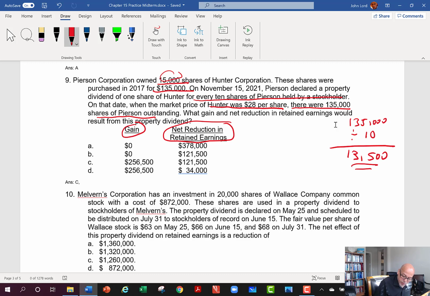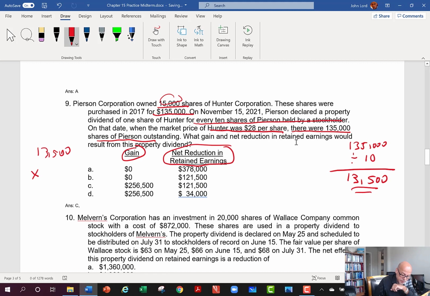So I take those 13,500 shares and multiply that by whatever the gain is. Now, in this case, I'm selling those shares for, or on the market price. I'm not selling them. I'm going to distribute them as a dividend.